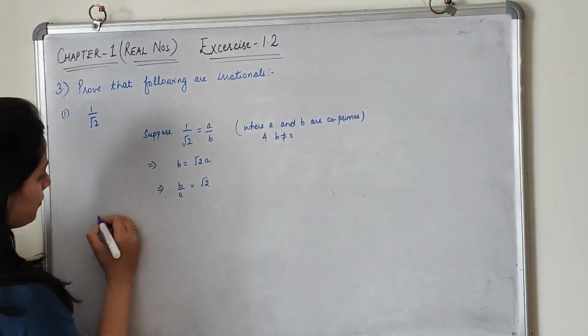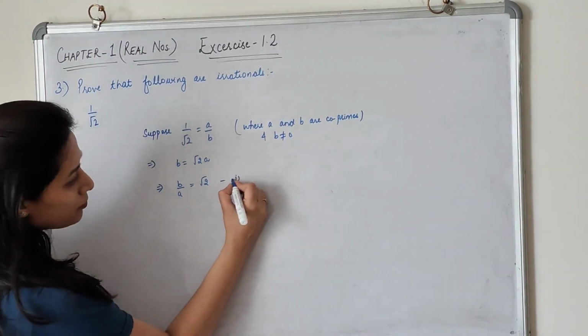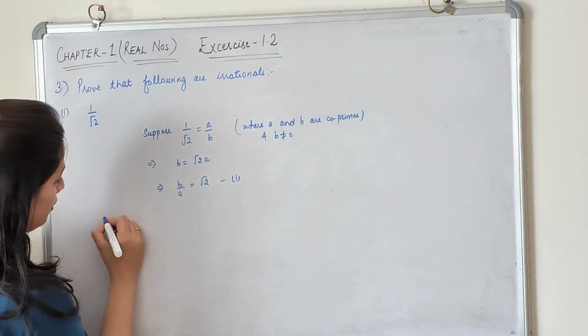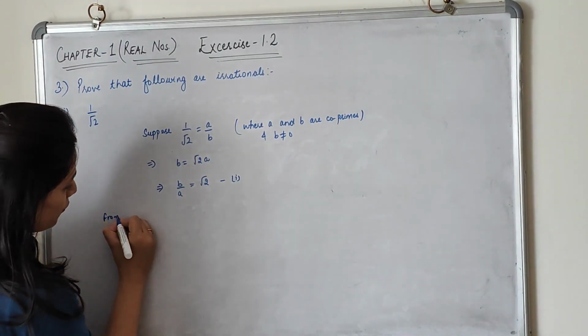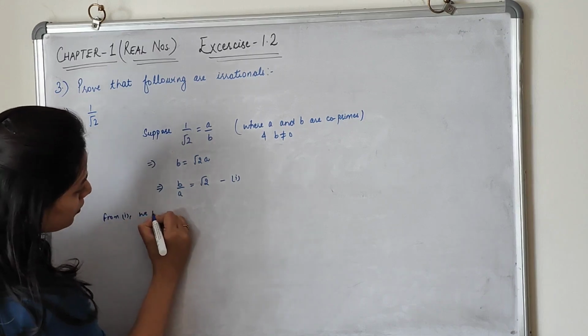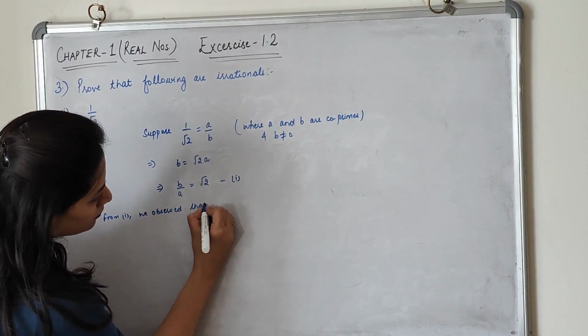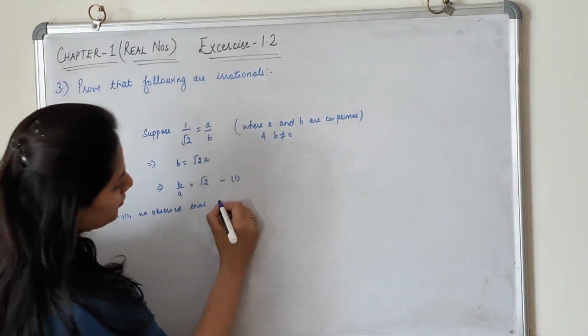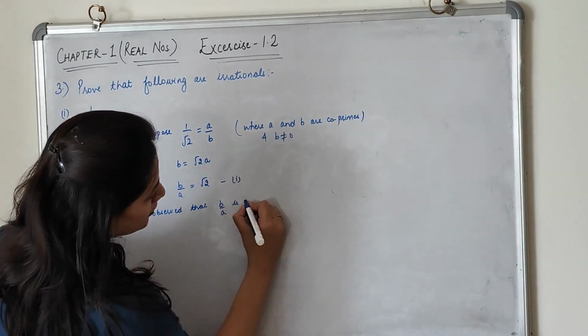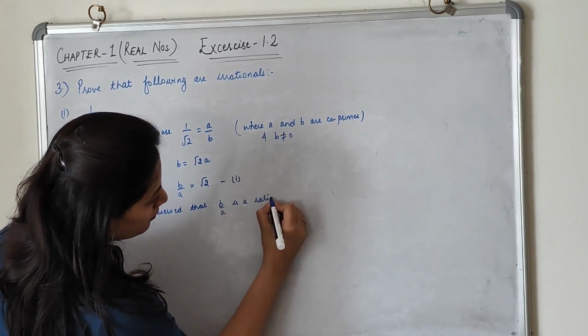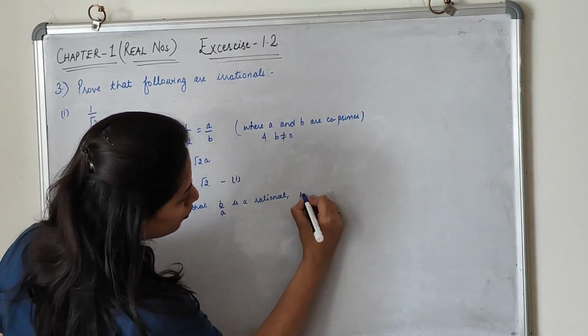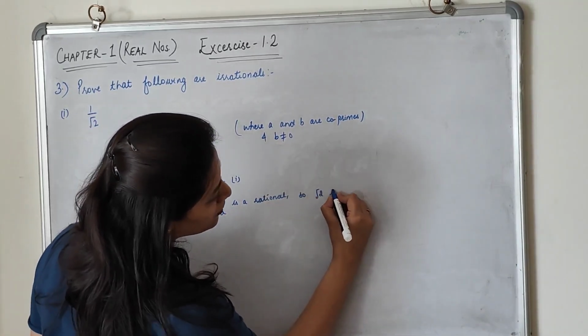Here, make it first equation. From first we observe that B by A is a rational. So root 2 is rational.